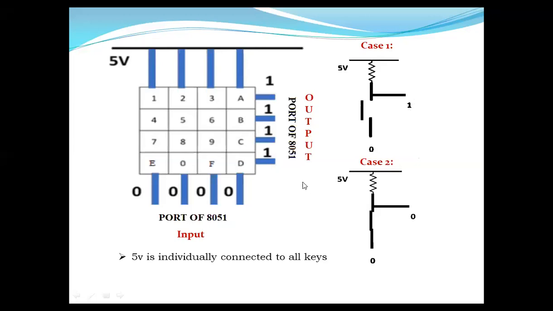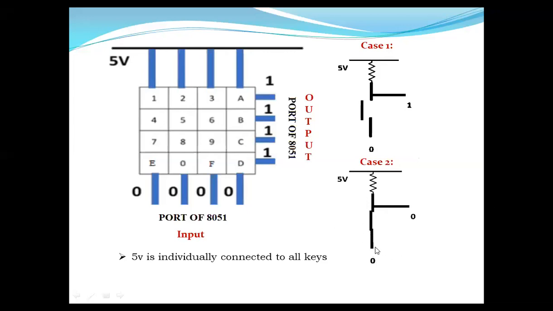Okay, suppose I'm pressing this key now, here I'm just pressing the key here, that is my second case. So I'm pressing the key here, what will happen, you can just see. If I'm pressing this key, in the 5-volt you are having resistance, here there is no resistance. Already the basic concept, the one which is not having the resistance, that will be taken as your output.